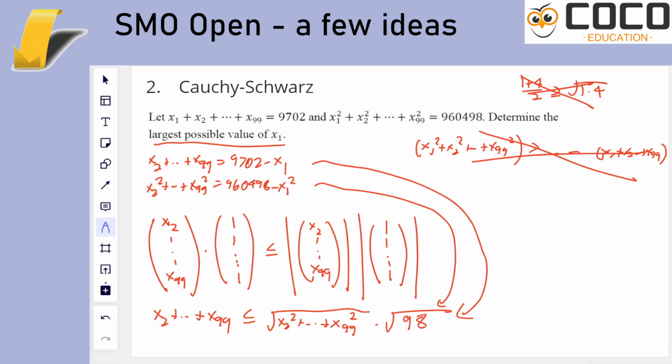What I mean by that is try to look for things that will make your life a little bit easier for calculation purposes. So for instance here, 9702, if you factorized it, is 98 times 99. And you can guess that this is actually related to the first one. It is 98 times 99 times 99.